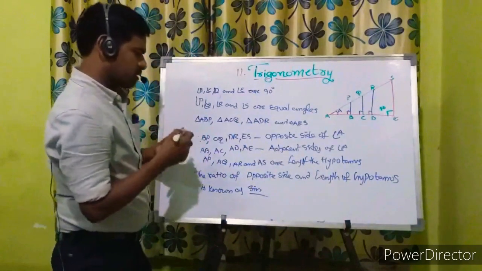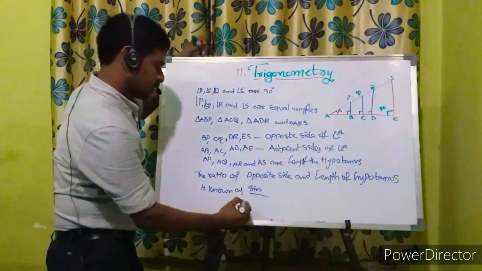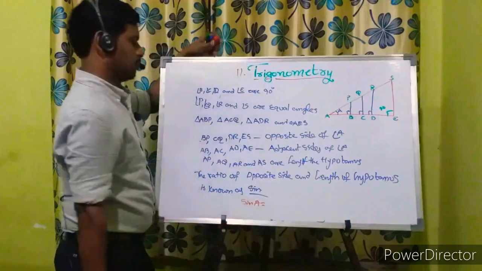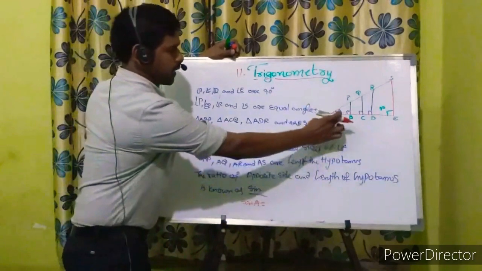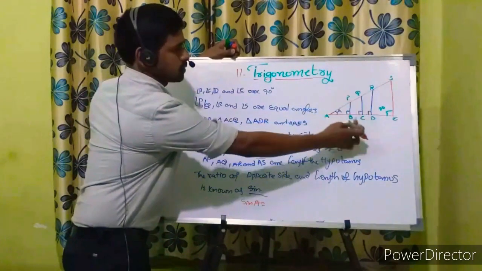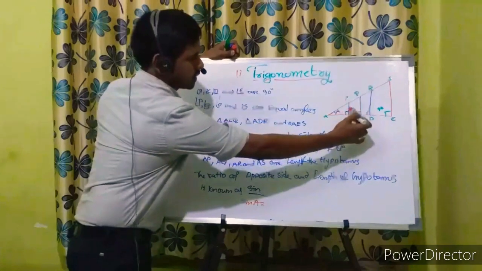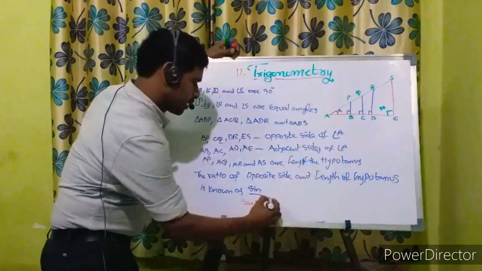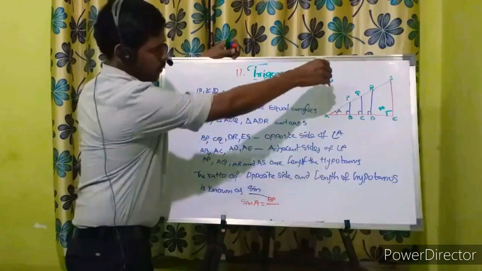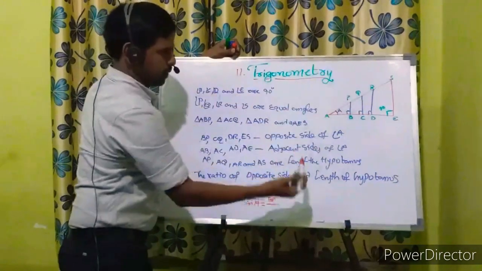Therefore we write simply: sine A is equal to the opposite side of angle A, which is BP, by hypotenuse AP.